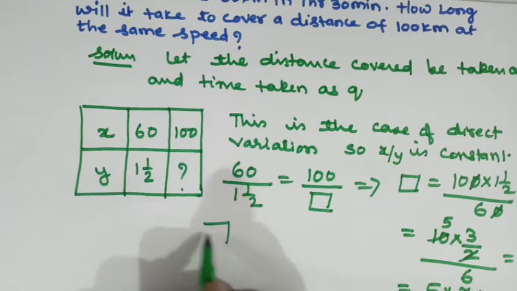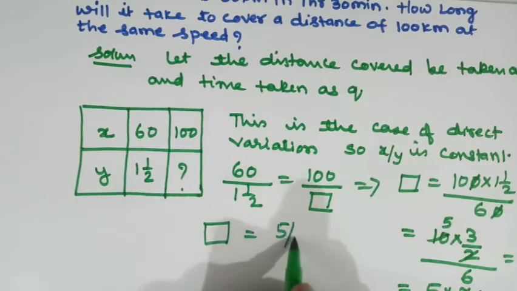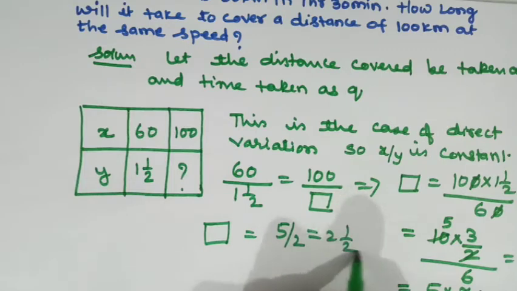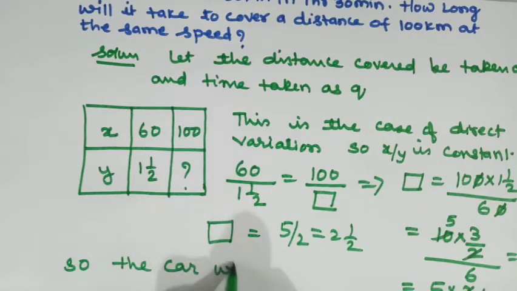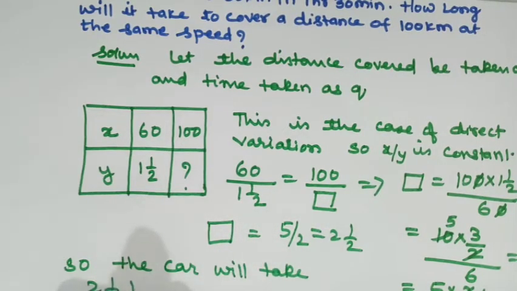So your unknown number is equal to how much? 5 by 2. That means 2.5 hours. So the car will take 2.5 hours to cover 100 kilometers with the same speed.